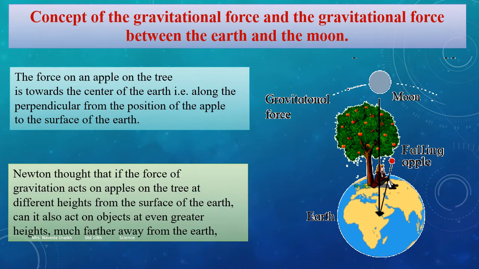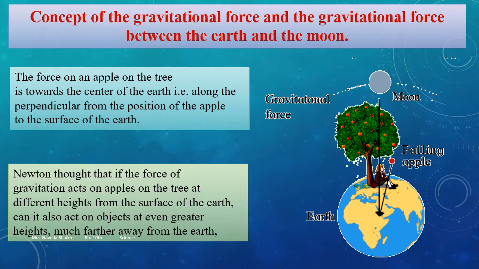Some are above, some are below. Okay, so all the apples fall in a particular direction only, right? Even if it is on the top, it will fall vertically downwards. Even if it is in the lower region of the tree, it will fall vertically downwards.